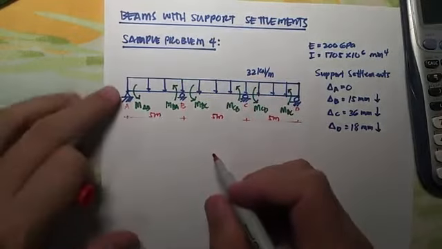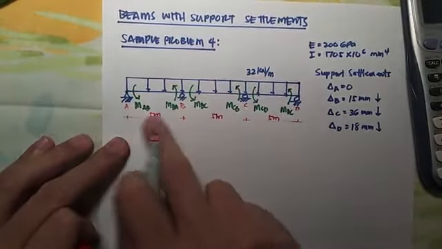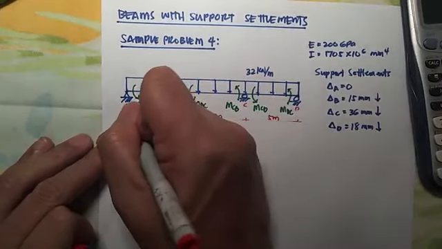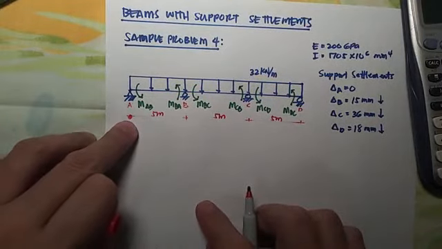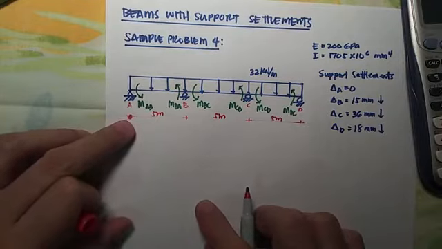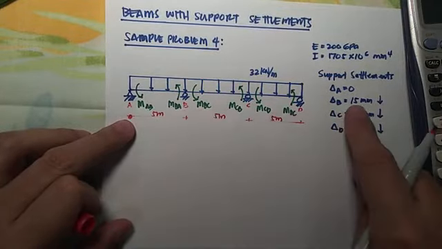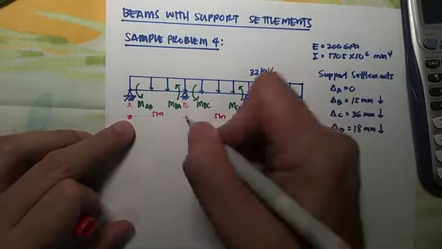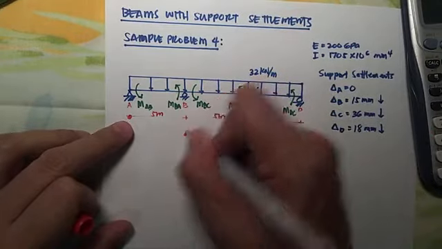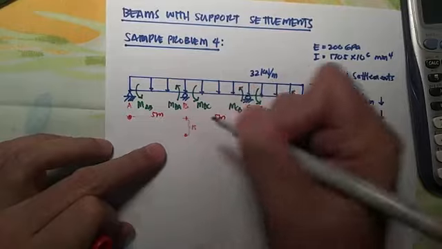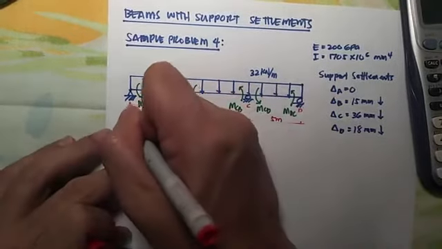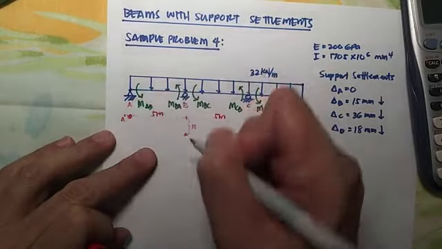Okay, now let us identify. If this is the original position of the beam, let's say this one, support A doesn't yield, so the before and after location of point A would be at that point. Yung point B yielded 15 mm downward. So let's say this is 15 mm. So this is A prime.